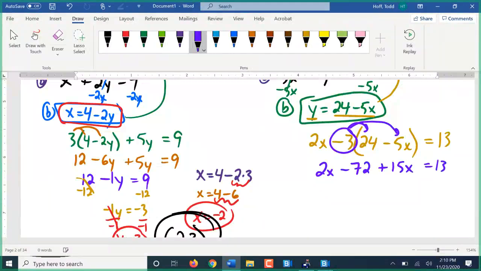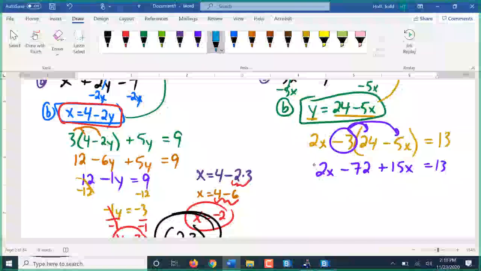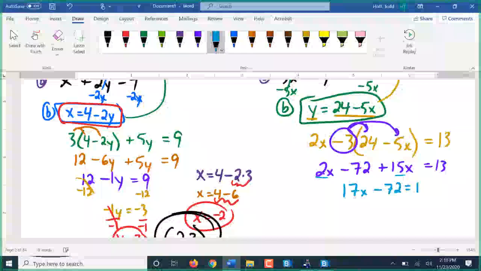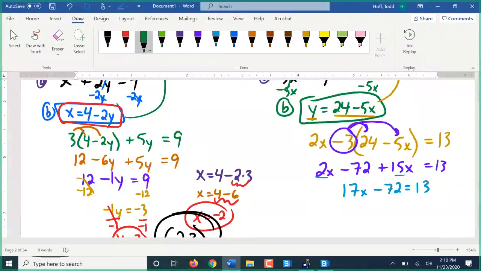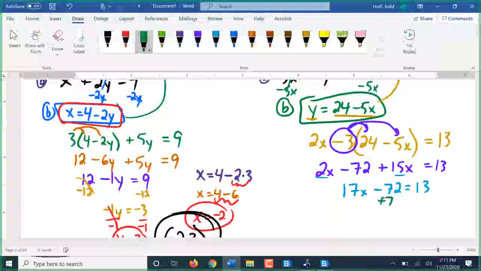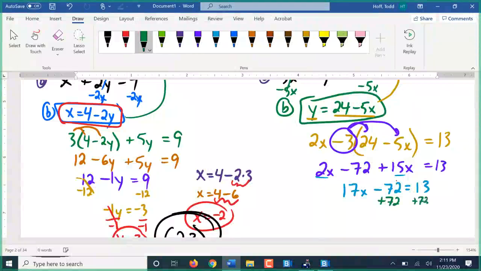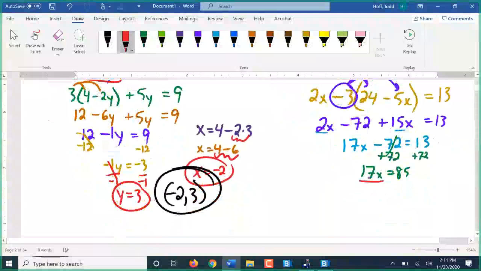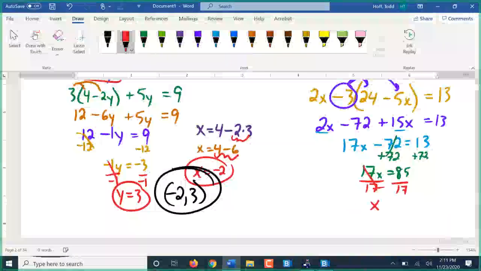I still have to combine 2x and 15x to get 17x minus 72 is 13. Now I can start to solve it by adding 72. Get 17x equals 85. And I'll divide by 17. x equals 5.